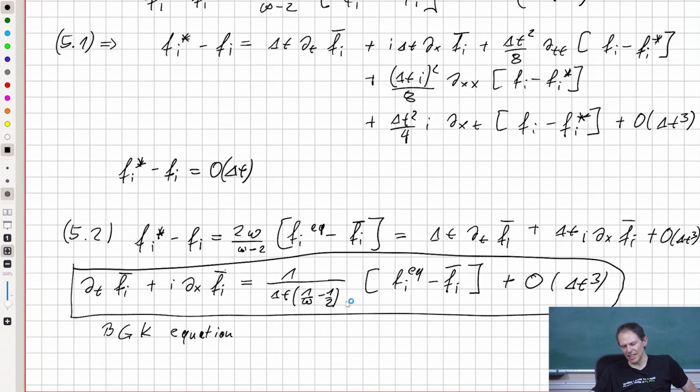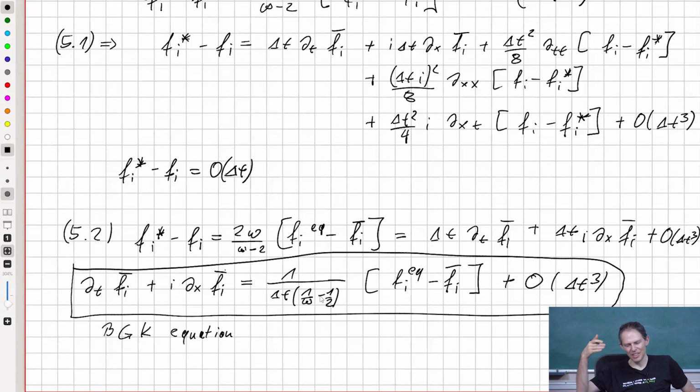Another thing here is that the original BGK equation had this 1 over tau. Now, instead of 1 over tau, we have delta t times 1 over omega minus 1/2. The frequency is kind of the inverse of the time step.